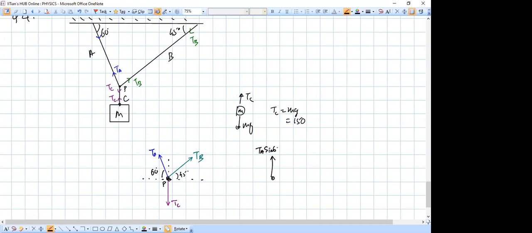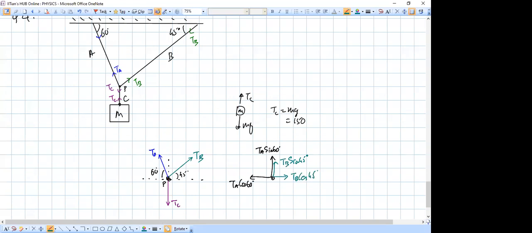There is TA sine 60 in this direction and TA cos 60. Then TB's components become TB sine 45 and TB cos 45.